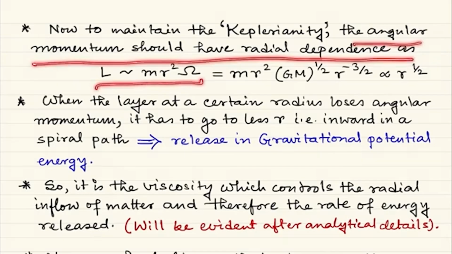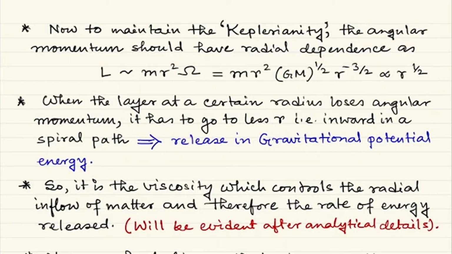Both omega and v have such radial dependence that they increase when r decreases and vice versa. But if we consider L, which is nothing but m r square omega roughly, then finally L has a dependence of root r. So that means when r increases, L also increases.